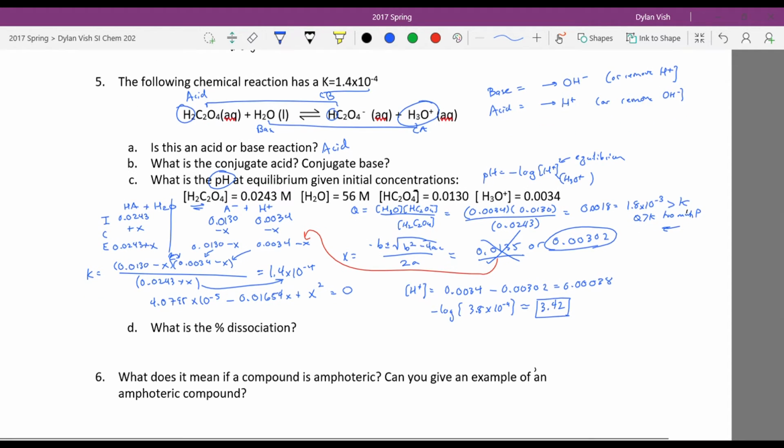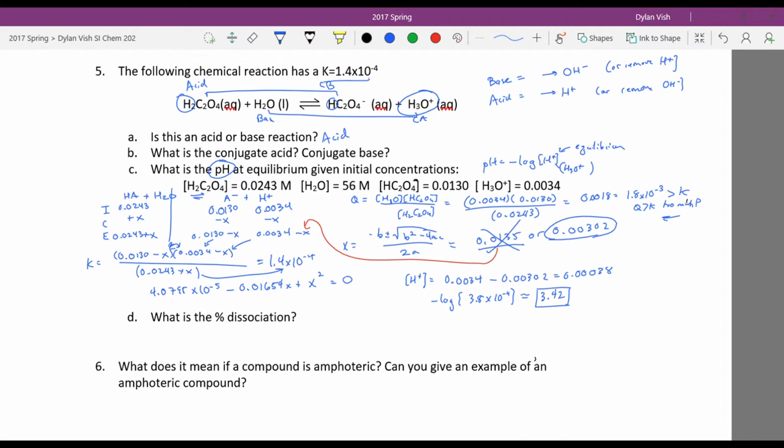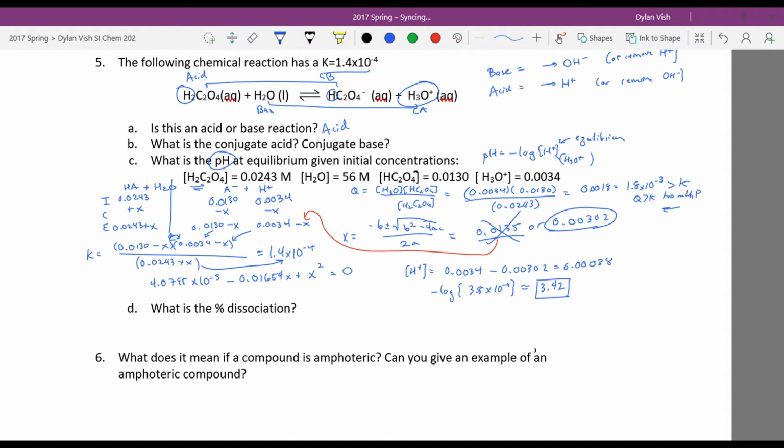Now this question D, given that I gave you initial concentrations that were not 0 on the right hand side, this question is actually invalid for this case, because typically what you would do is you would say the amount of your A minus all over the amount of your HA, which would be the concentration of C2O4 minus. Now typically this is only talked about when you have nothing on the right side, but we can still kind of use this equation to put this forward. And so our equilibrium amounts, that's important.